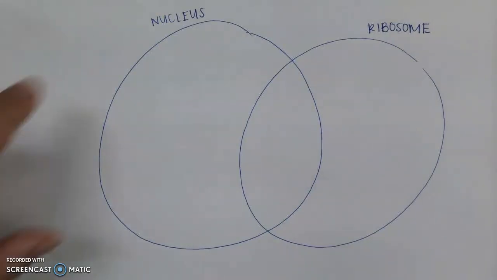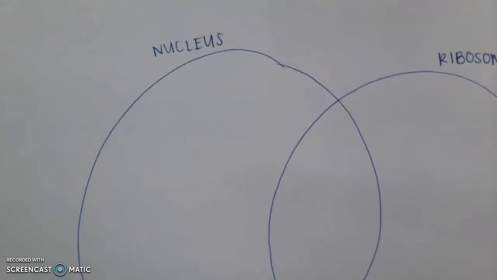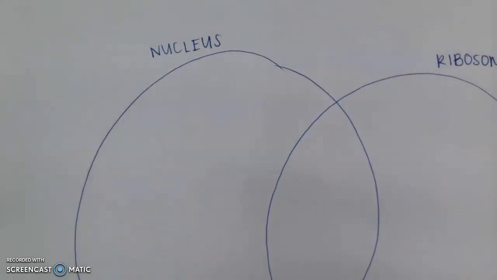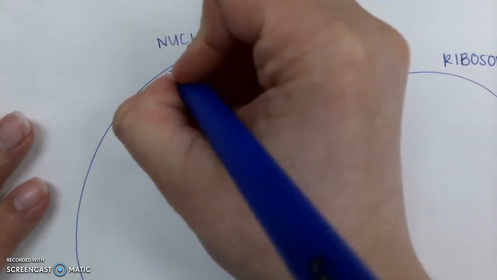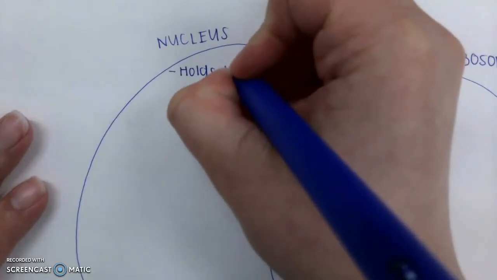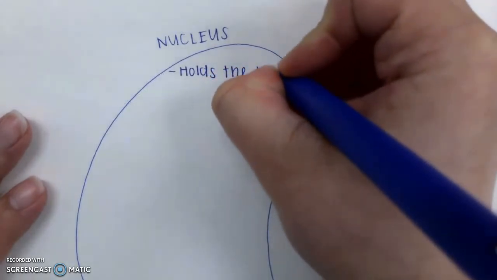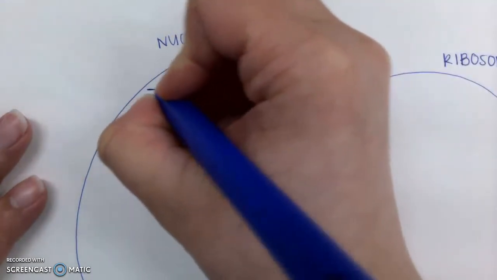Okay, so I've got nucleus on the left and ribosome on the right. Let's go ahead and get started with the nucleus side. So starting with things that only apply to the nucleus, we know that the nucleus holds the DNA. We know that there's only one nucleus in every cell.